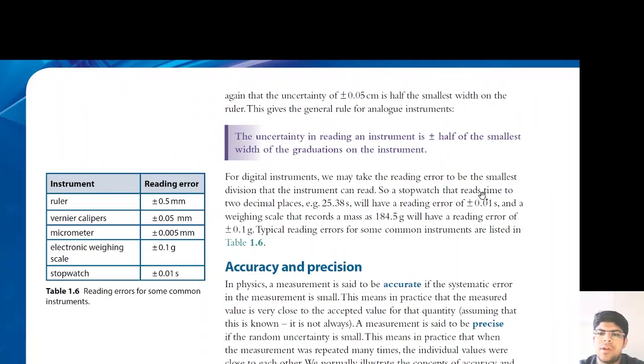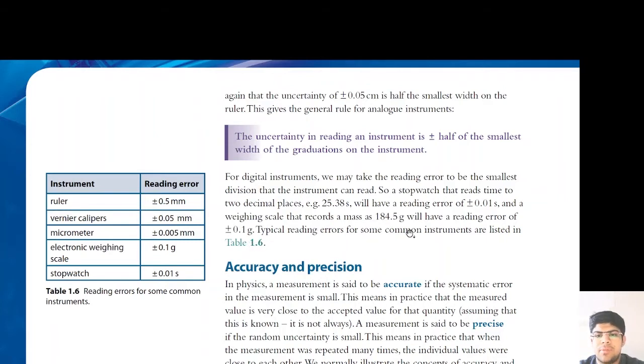So a stopwatch that reads time to two decimal places, for example 25.13 seconds, will have a reading error of plus minus 0.01 seconds. A weighing scale that records a mass of 194.5 gram will have a reading error of plus minus 0.1 gram.